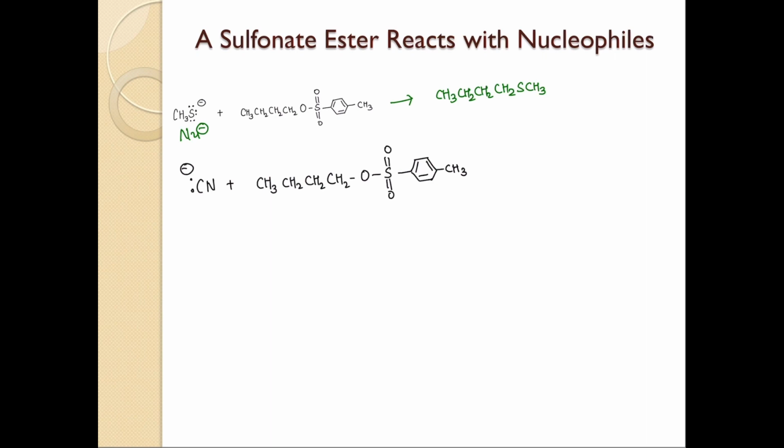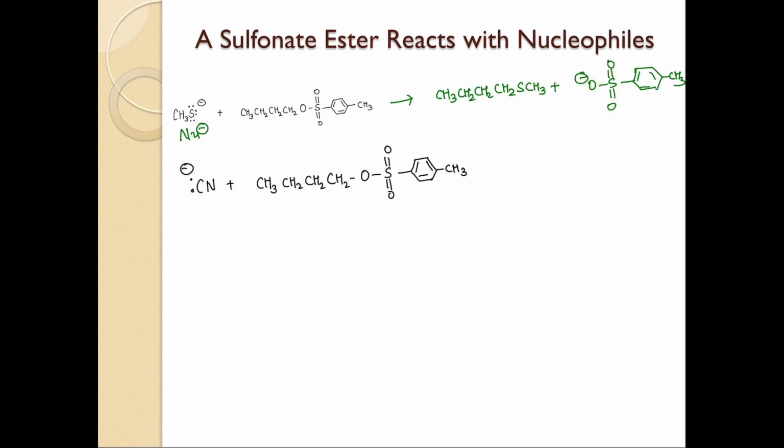This is one of your products, and the other product is going to be a tosylate ion, which is going to look like this. And remember, we said that this is a good leaving group. Why? Because whenever it leaves, these electrons are distributed between 3 oxygens, and therefore it should be a weak, stable base.